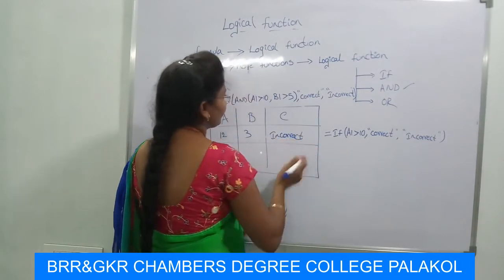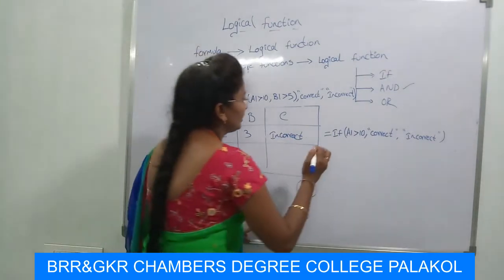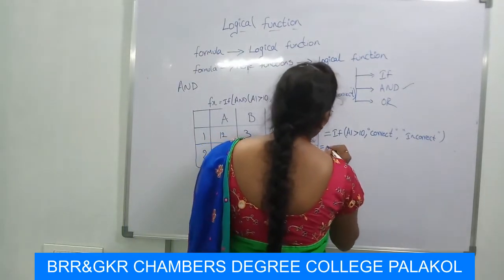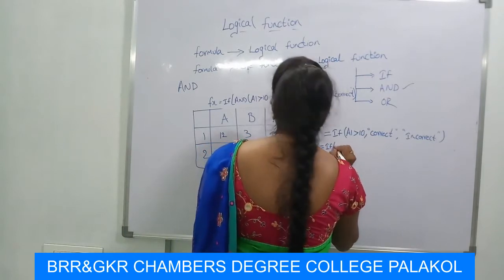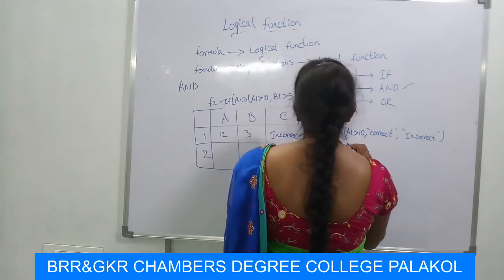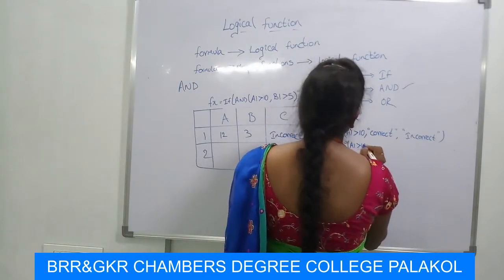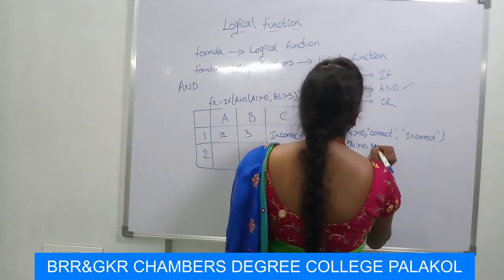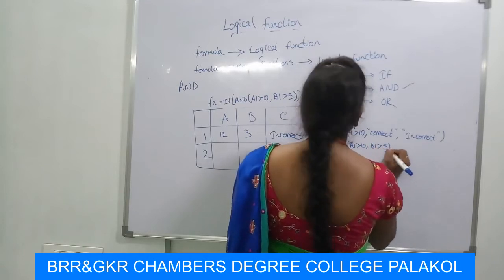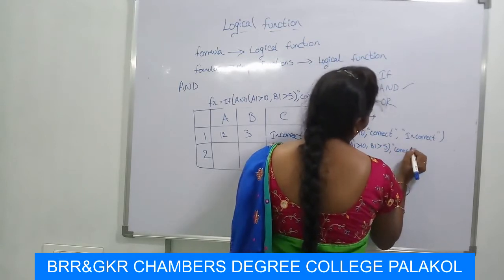And the formula I am entering here: IF, AND function, A1 greater than 10, B1 greater than 5, comma, "correct" or "incorrect".